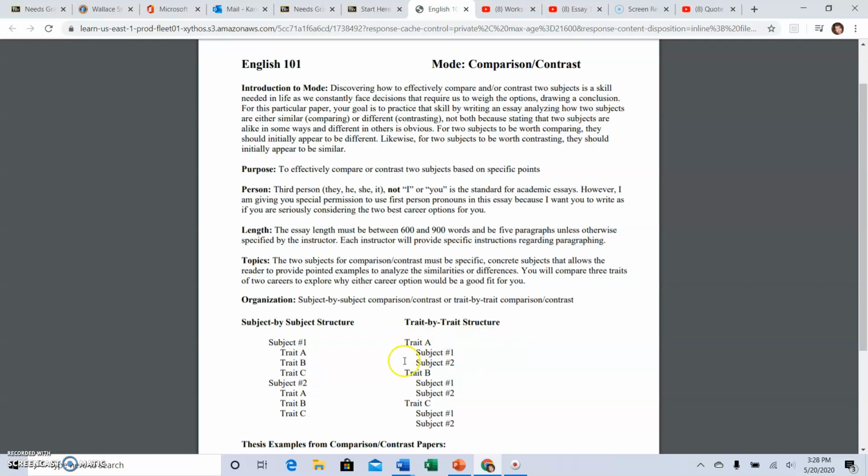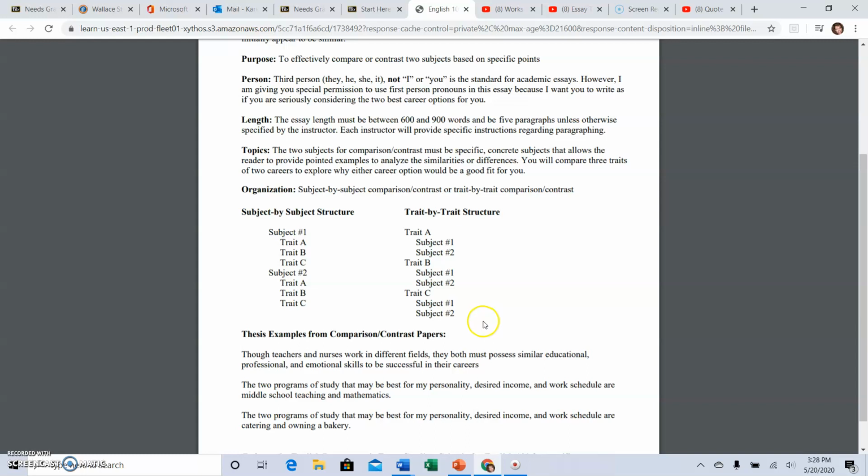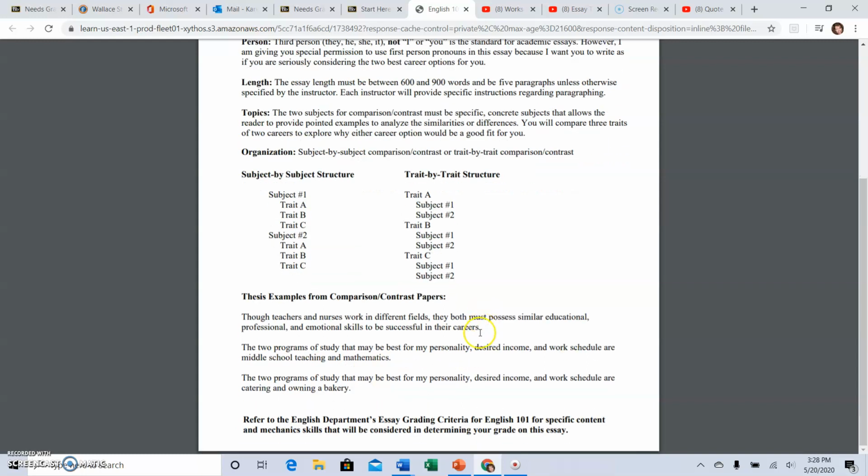So you could say personality, income, and work schedule, whatever you want to compare. And then compare within these bigger sections about the aspects or traits of the careers. Under that would be the differences or similarities between the 2 careers, career 1 and career 2. And you should keep them basically in the same order.